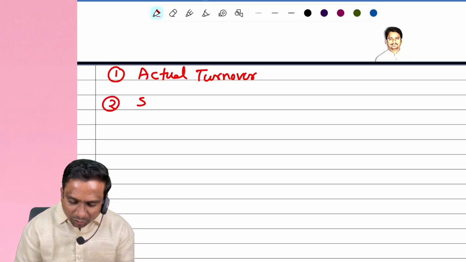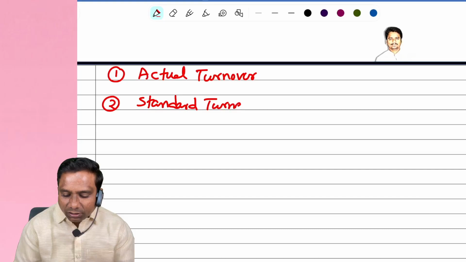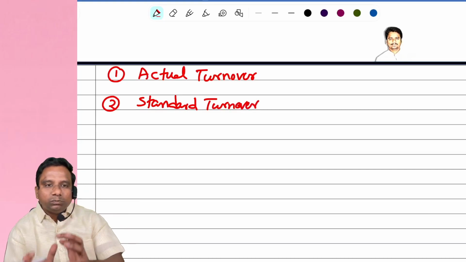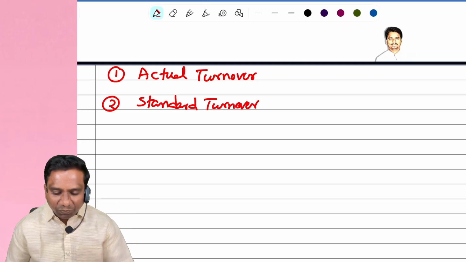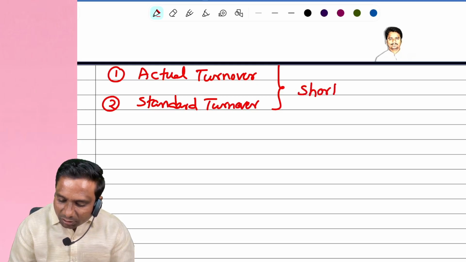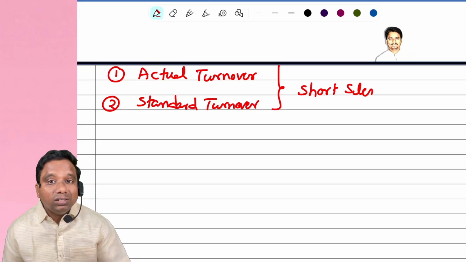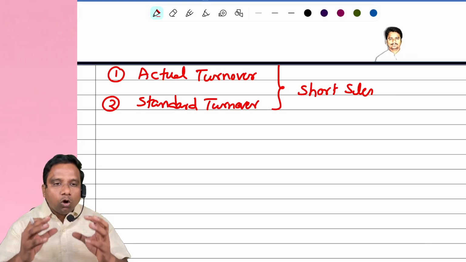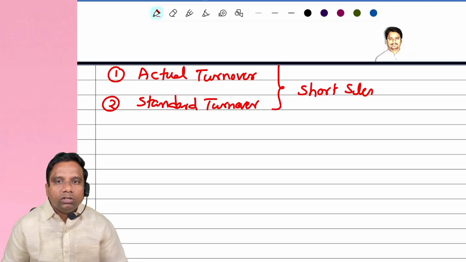Second, we understood standard turnover, which means the turnover of the corresponding period in the previous year to the date of fire. The difference between these two is called short sales, means how much turnover you have lost.